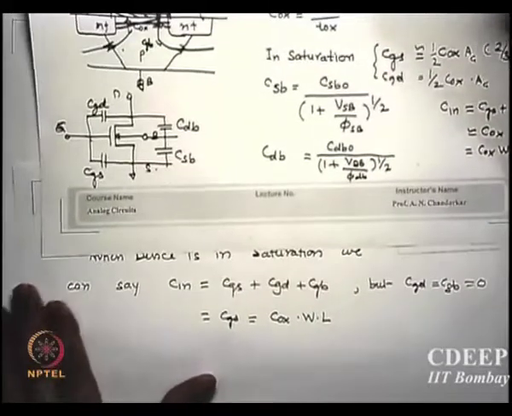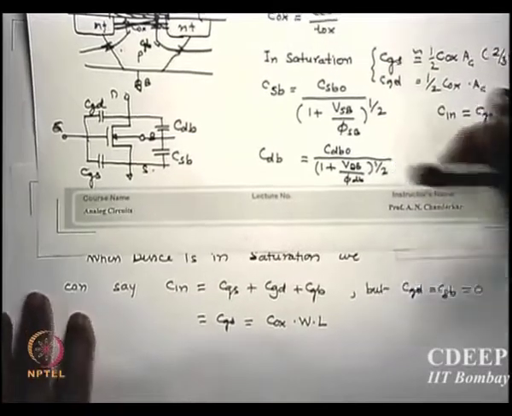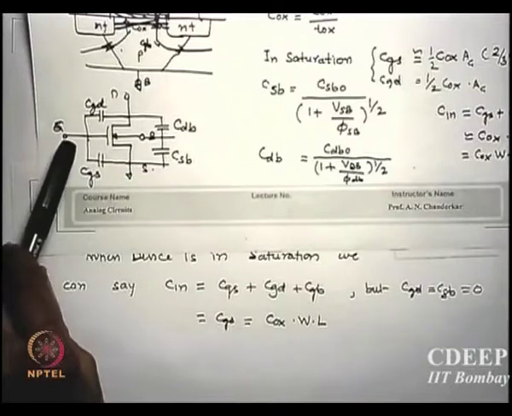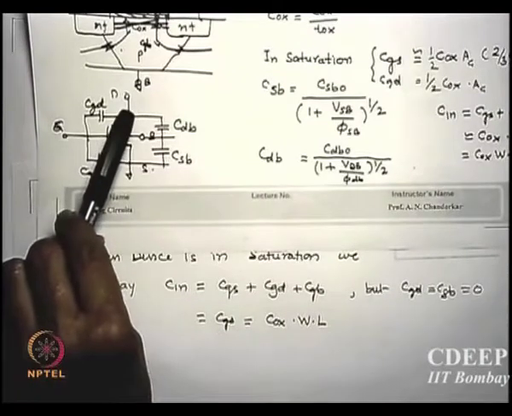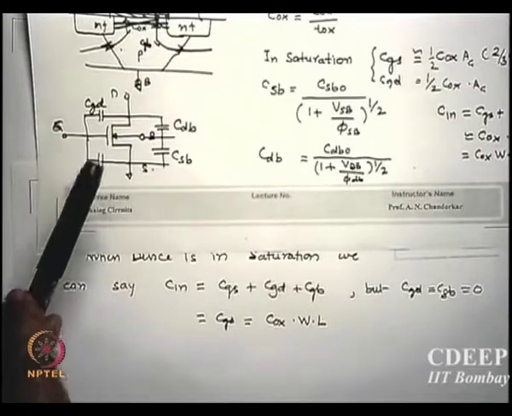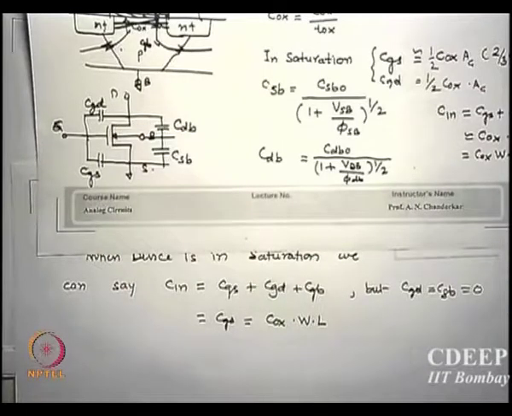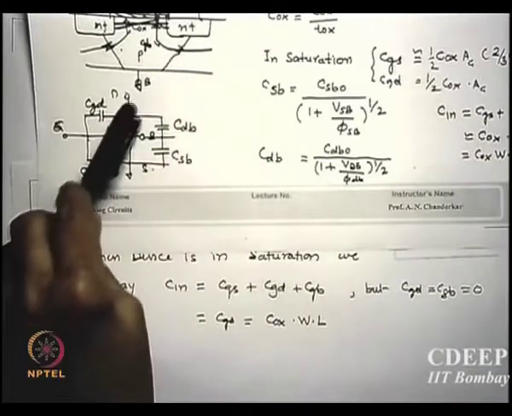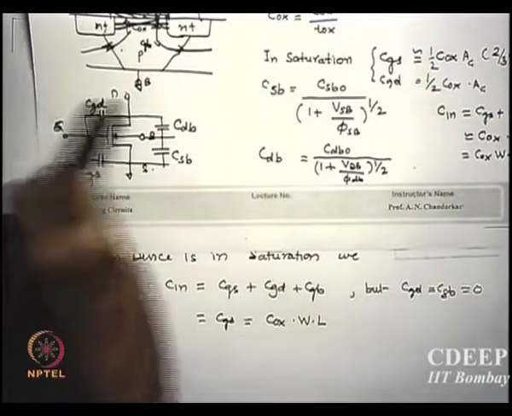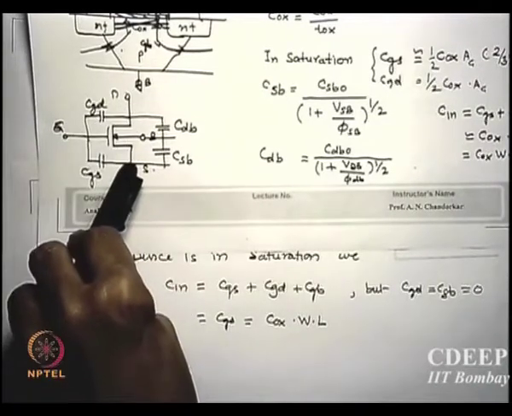At this end Cn, please remember unity gain means the output is directly connected to ground, V0 is 0. Is that point clear? How do I calculate Ft? The output voltage is shorted. So for this case this is ground, which means this is also in parallel to CGS. This capacitance and this capacitance are both parallel.